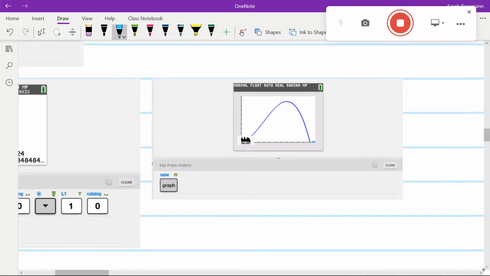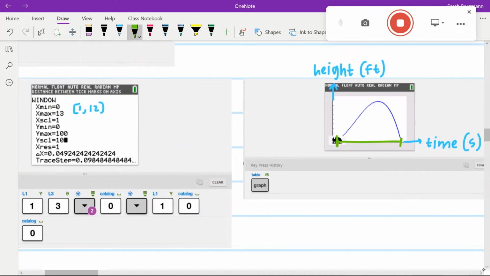So notice the x-axis is time in seconds. The y-axis, remember, represents the height of the roller coaster in feet. And we are only interested in the part of the graph that goes between 1 and 12.